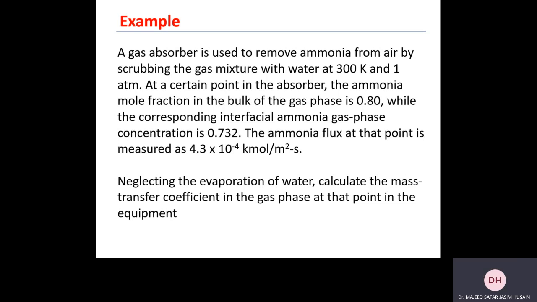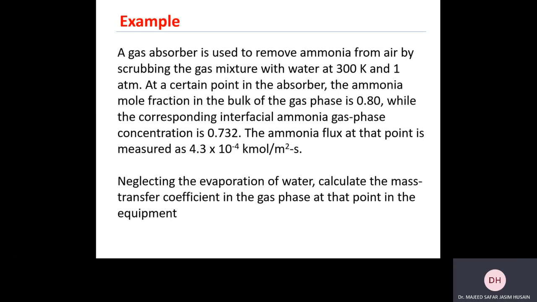and it should be at 300 K and 1 atmosphere, at a certain point in the absorber, the ammonia mole fraction in the bulk of the gas is 80%, while the corresponding interfacial ammonia gas phase is 0.732. So there is a kind of change in ammonia concentration or mole fraction from 80% to 73.2%.